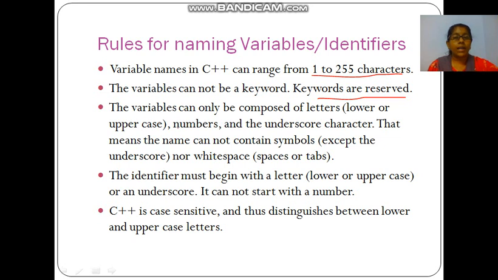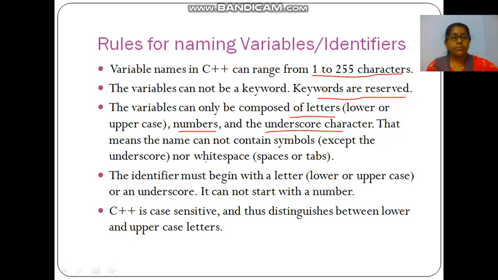Now, third rule, what characters can we use for the names. First, you can use letters, that means upper or lowercase alphabets, numbers, digits 0 to 9, or one more thing you can use, that is the underscore character. No other symbols are allowed for forming variables.